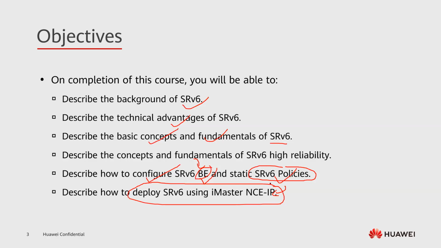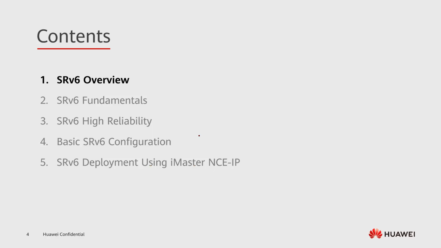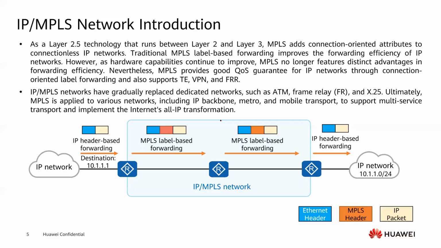We will not talk too much about iMaster NCE-IP. Anyway, we have 5 sections for this slide: overview, fundamentals, high reliability, configuration, and using iMaster NCE-IP to deploy SRv6. Okay, let's look at the overview first.